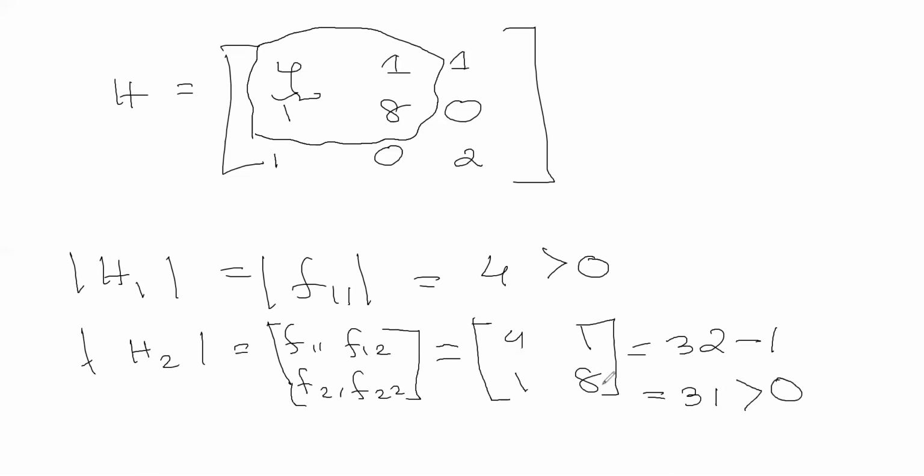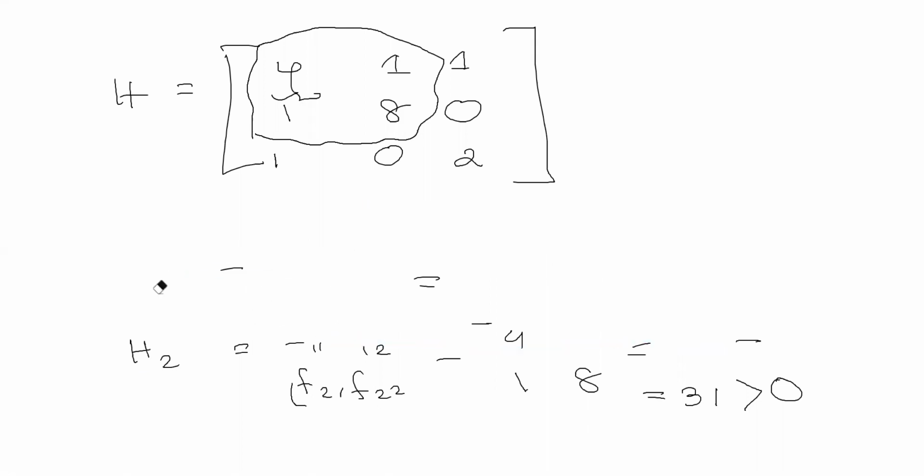So basically we multiplied the diagonal entries and then subtracted the off-diagonal product, and got that H2 is also greater than 0. Now it's our turn to calculate H3. Let's first erase this part and then solve for H3, and see whether that value is also greater than 0 or not.